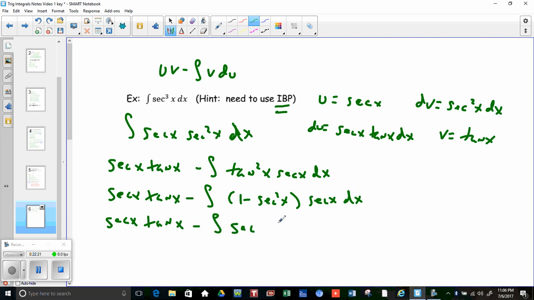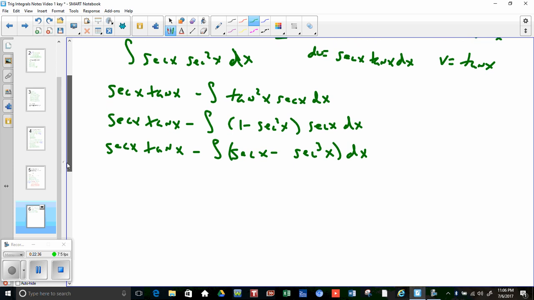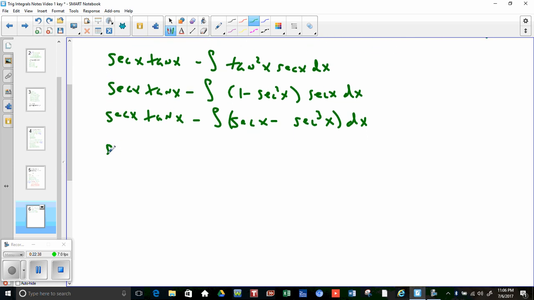So now I've got secant x minus secant cubed x dx. This I can split into two separate integrals. Let's slide this page down. We're going to need some room here. So I've got secant x tangent x minus the integral of secant x dx. That minus distributes to that minus, gives us a plus, an integral of secant cubed x dx.